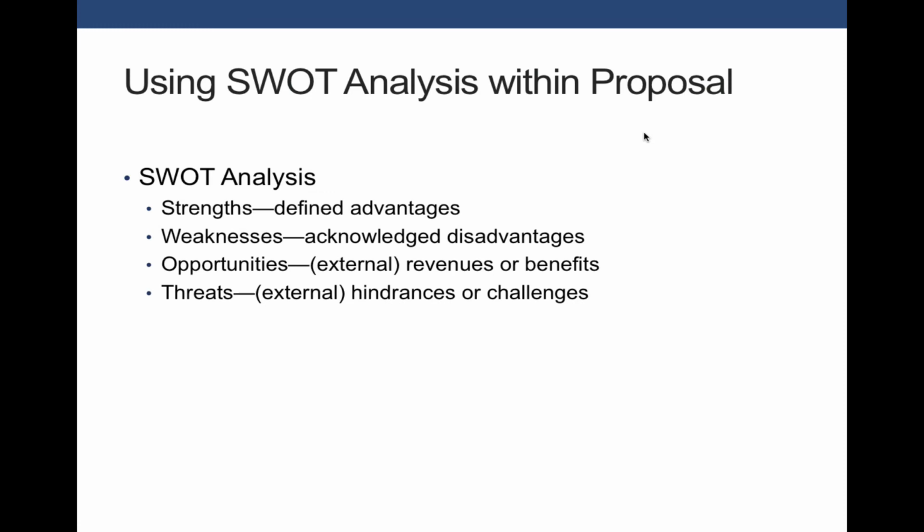What are their disadvantages in taking on a new venture or moving into a new field? Does the new venture offer opportunities externally for new revenues or potential benefits? And then, how do they measure potential threats to their new venture's profitability? Are there hindrances or challenges or particular competitors that are out there that will impact the financial viability of a new venture?